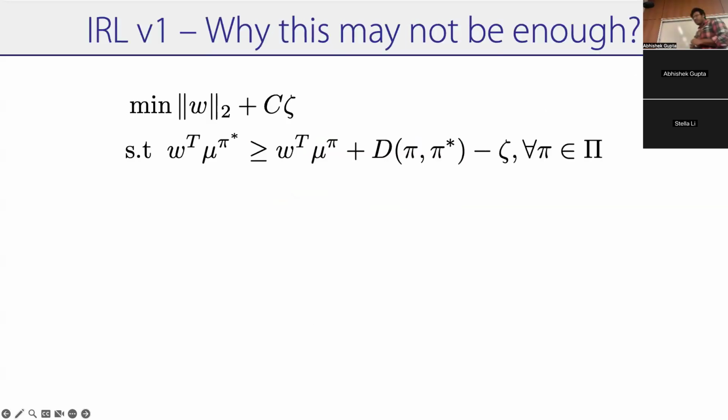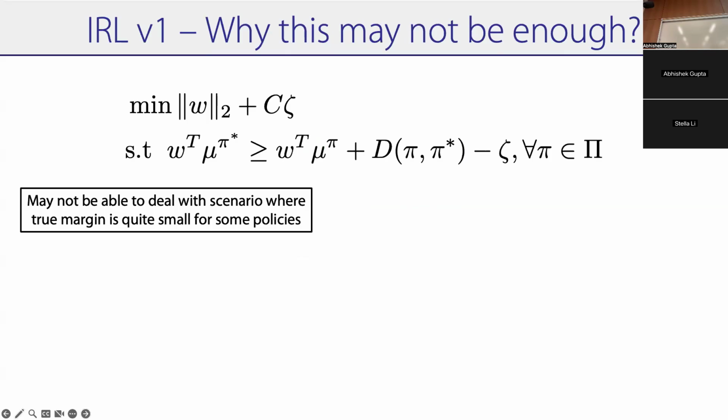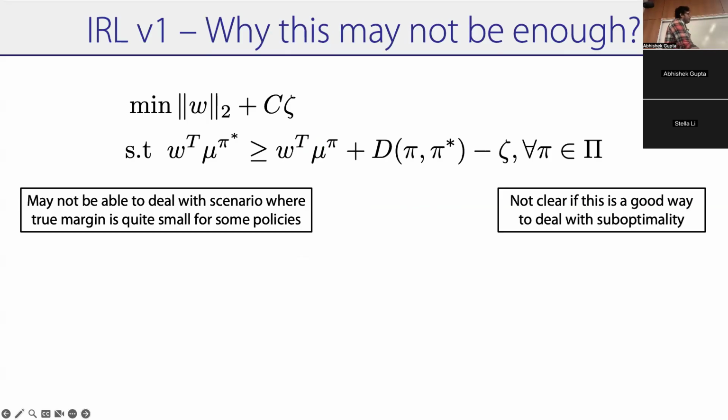So why is this not what we do in practice today? Some issues, right? Firstly, there might be some scenarios where the margin is pretty small, as in some of the other pies that you might get are pretty close to pi star, and so it's hard to choose that D carefully.